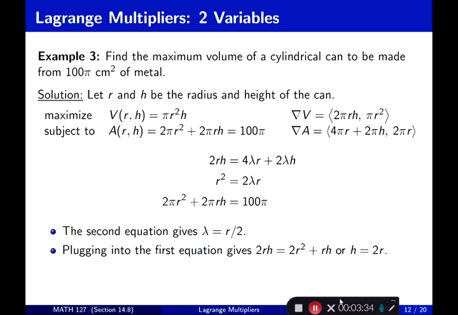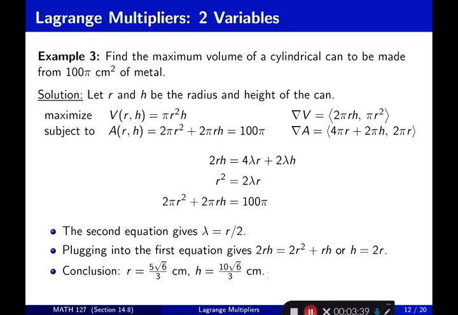Use that in the third equation, and basically you get 2 pi r squared plus 8 pi r squared plus 4 pi r squared is equal to 100 pi, and solve for r to get r equal to 5 square root of 6 divided by 3.